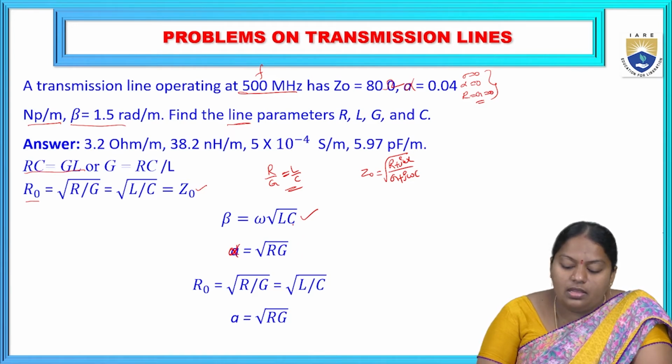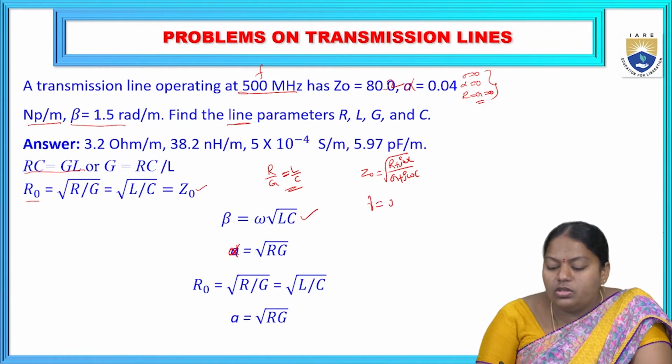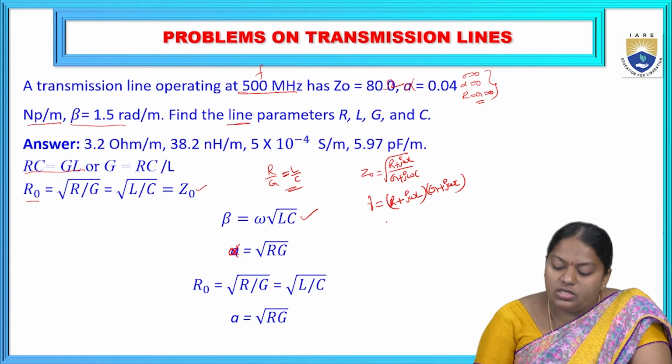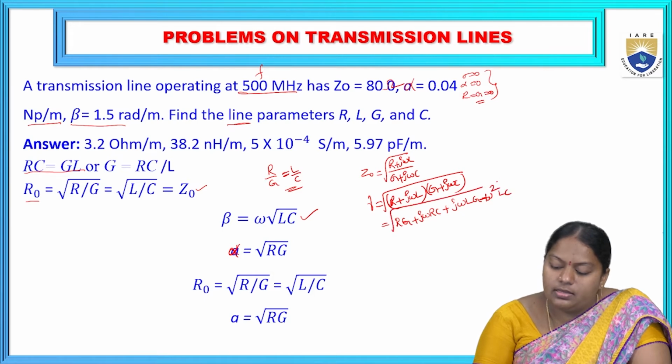So by separating the real and imaginary terms, the propagation constant gamma, in general expressed in terms of all the primary constants, is given by root of R plus j omega L into G plus j omega C. Right? So by separating real and imaginary terms, RG plus j omega RC plus j omega LG plus j omega into j omega becomes minus omega square LC, as this way.